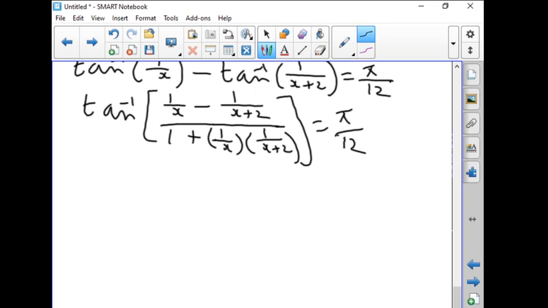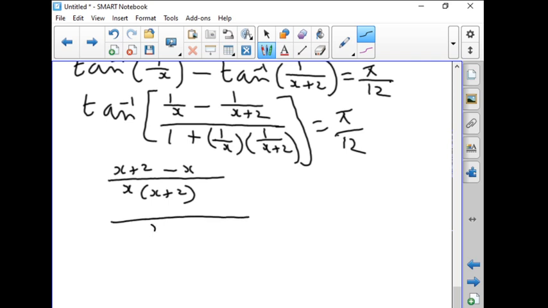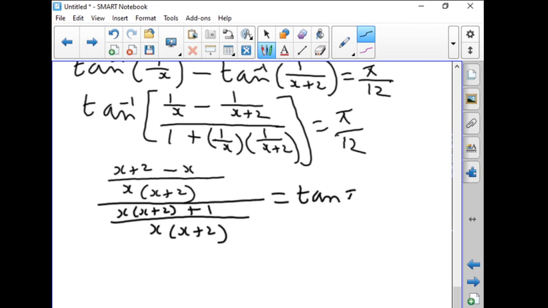So now take tan both the sides, so tan inverse can be removed. Taking LCM, what is LCM for the numerator? x into x plus 2. So here we get x plus 2 minus x, and denominator also LCM is x into x plus 2. So here we get x into x plus 2 plus 1 equal to tan pi by 12.